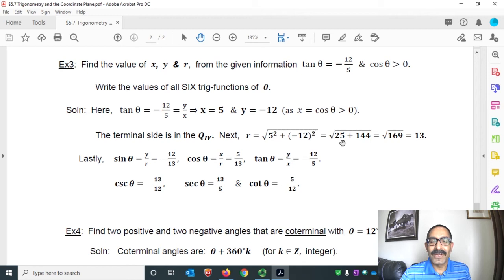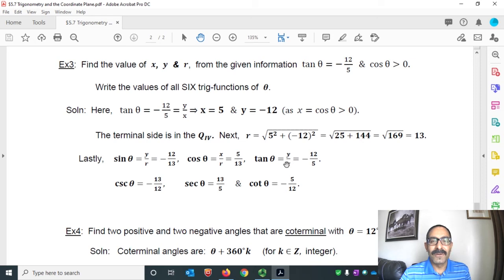We know 5 squared is 25, 12 squared is 144. Then 144 plus 25 gives us 169, and the radical of 169 is simply 13. Great, so we have the value of r, which is 13, the value of x, which is 5, and the value of y, which is negative 12.